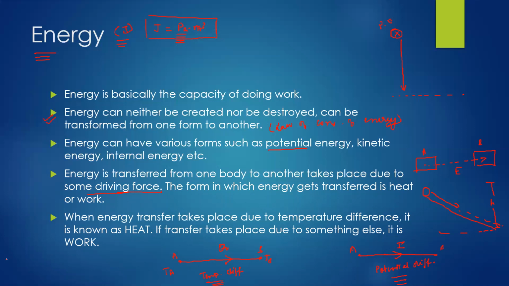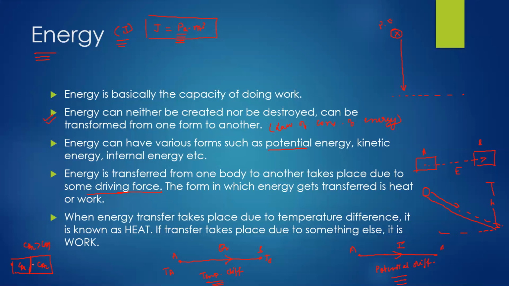There are many such examples. You can take concentration difference, right? Let's say you have a membrane over here, and over here the concentration is Ca1 and over here the concentration is Ca2, and Ca2 is greater than Ca1.